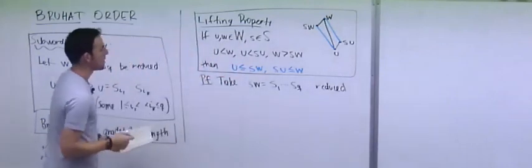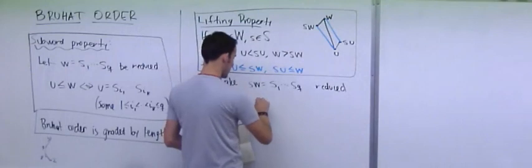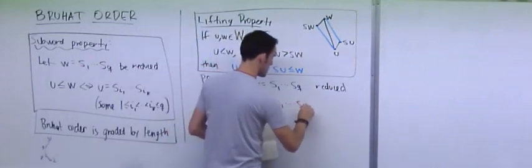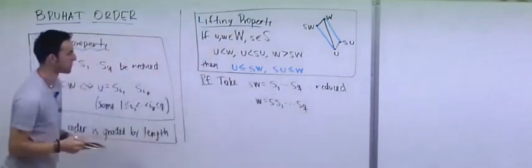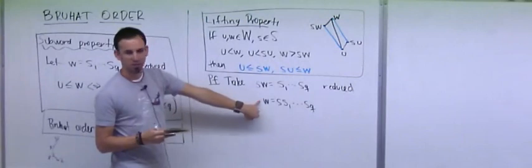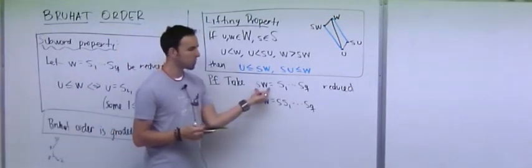Okay. Now let me multiply by S on the left to get W equal to S S1 up to SQ. Now, here's a word for W, and I claim that it's reduced. Why is it reduced? Because SW has length Q.